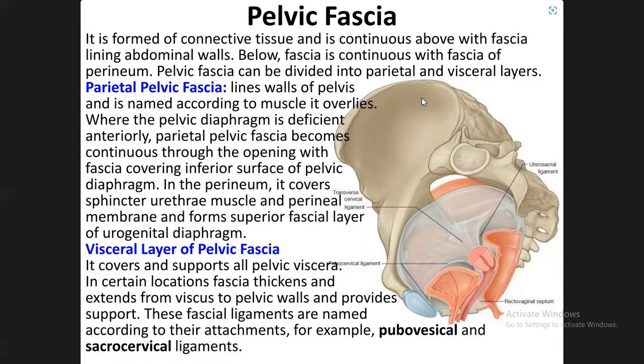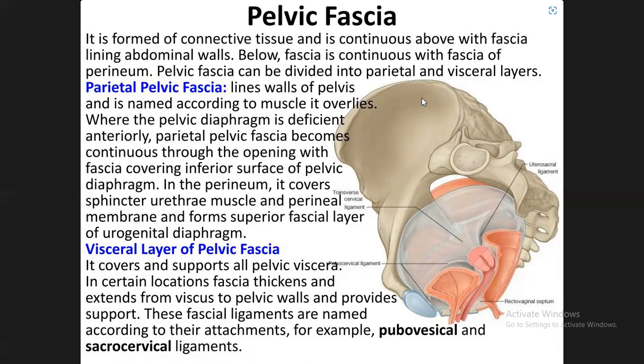For example, you have obturator fascia, which covers the obturator internus. You have the fascia covering piriformis. You have the fascia covering your pelvic diaphragm, right? Then in the perineum, it covers the sphincter urethrae, the perineal membrane, and it also forms the superior fascial layer of the urogenital diaphragm.